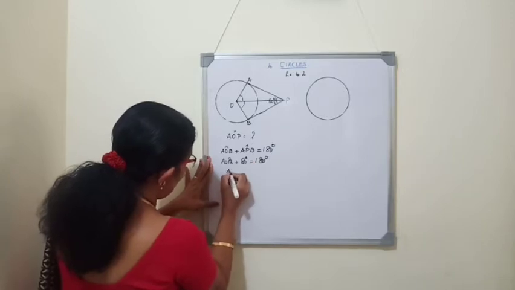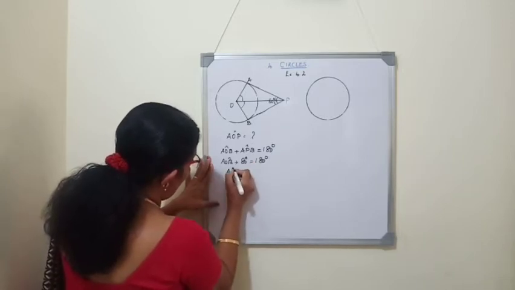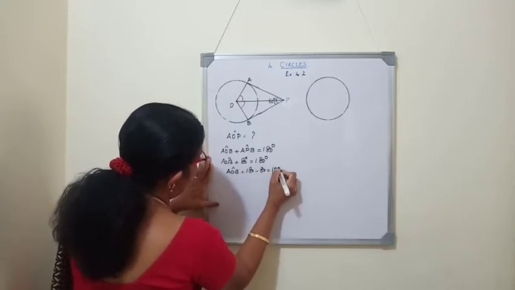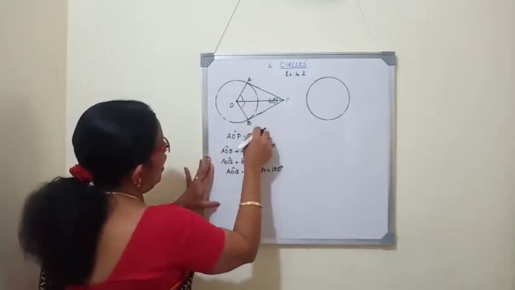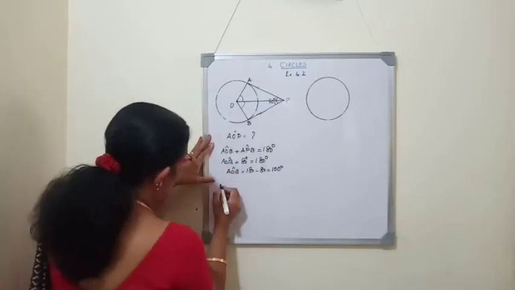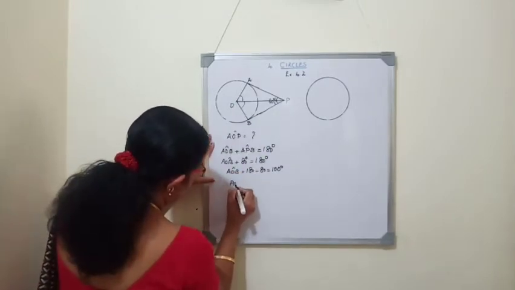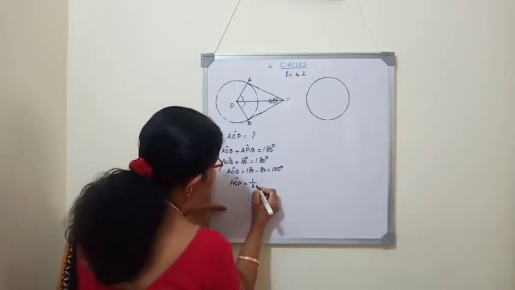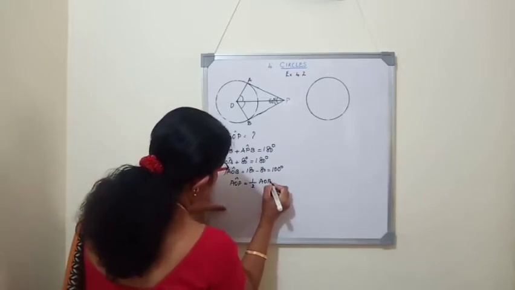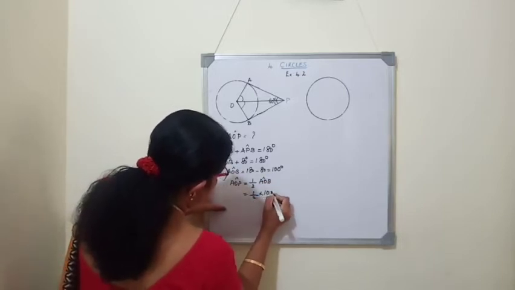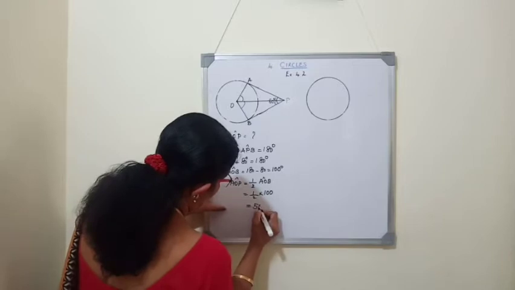Therefore, AOB is equal to 180 minus 80, equals 100 degrees. So if angle AOB is 100 degrees, then angle AOP is half of angle AOB, that is half into 100, that is 50 degrees.